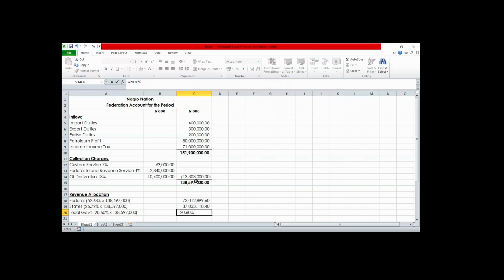Yes, it's correct. Somebody will be sending a message that the computation is not correct. Then you now deduct the addition of everything here and see what we are going to get. What we are going to get is going to be nil. That is the end of the federation accounts. Any question?